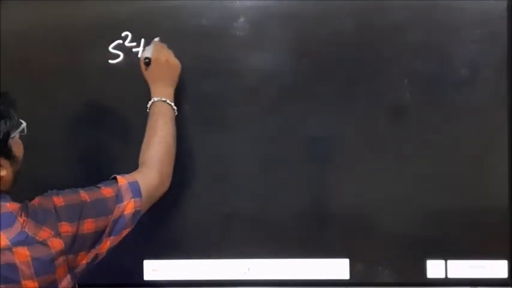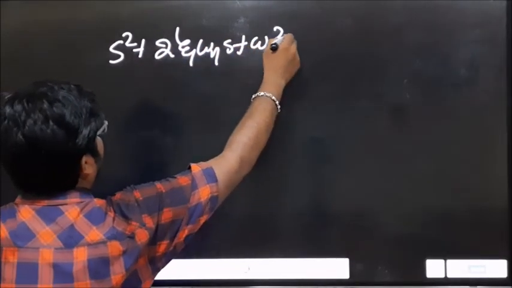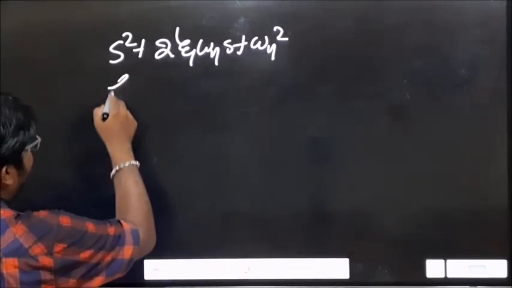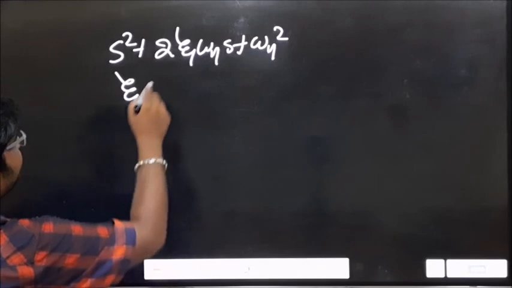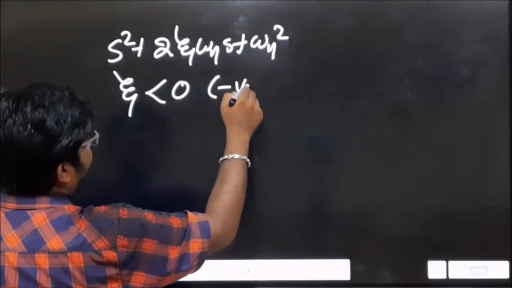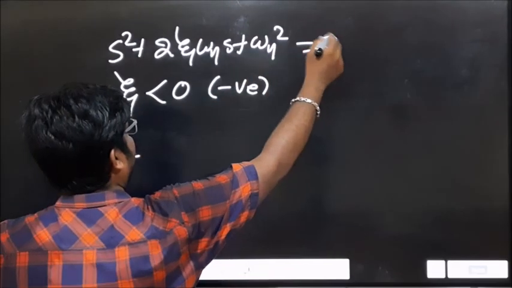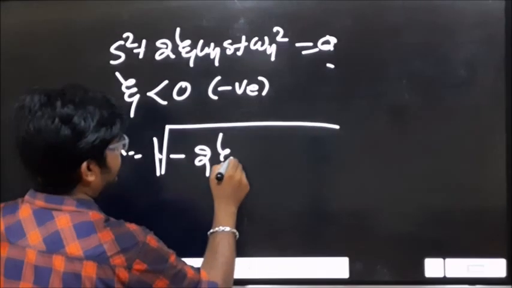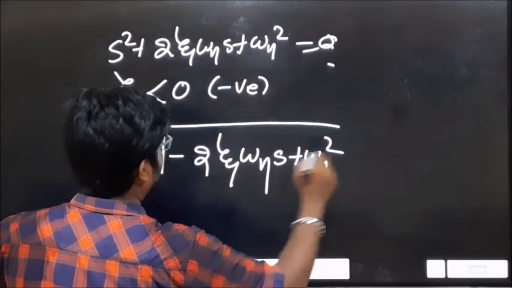Then again, if I go for the same equation, s square plus 2 zeta omega n s plus omega n square, here let me make zeta less than 0, or negative. That means we can find s square equal to negative of 2 zeta omega n s plus omega n square.